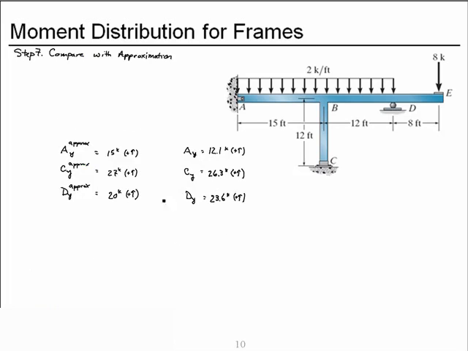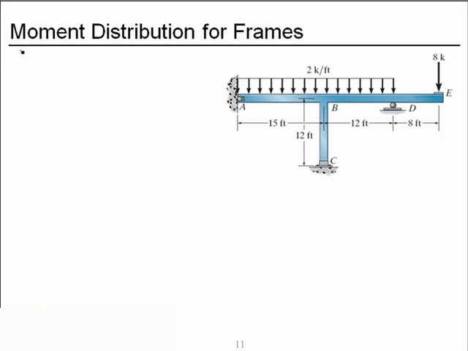And when we compare these magnitudes, we find them reasonably close, so that we will say that our moment distribution results are reasonable. So now I'm ready to construct the diagrams.